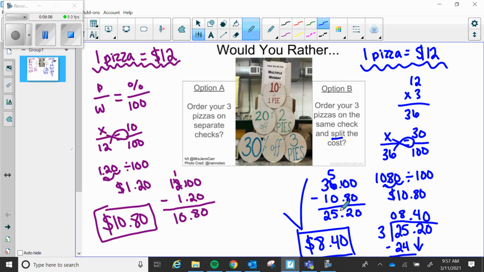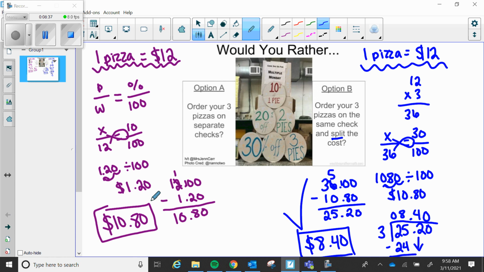After I did the math and split the check in option B, I found out that it would be cheaper for us for option B because it would only be $8.40 per person, where in option A, it would be $10.80 per person. So that's one way that you can do it. You can type out a sentence or 2 explaining what you did and how you figured out your answer.